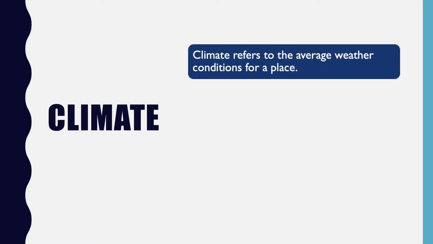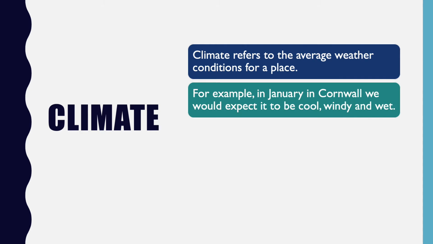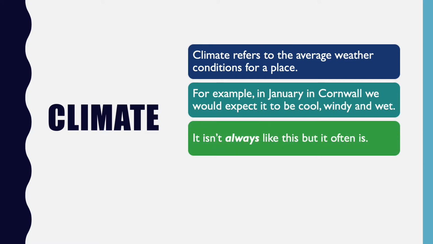If you remember, the climate refers to the average weather conditions for a place. To give you an example, in January in Cornwall, we would normally expect it to be windy and wet. It's not always windy and wet, but it often is.